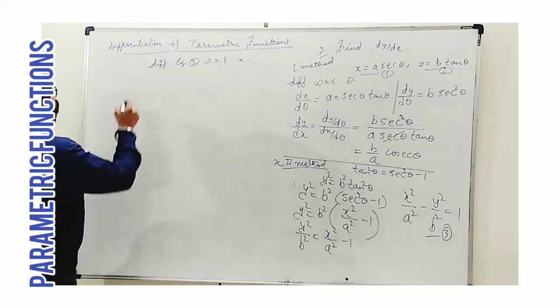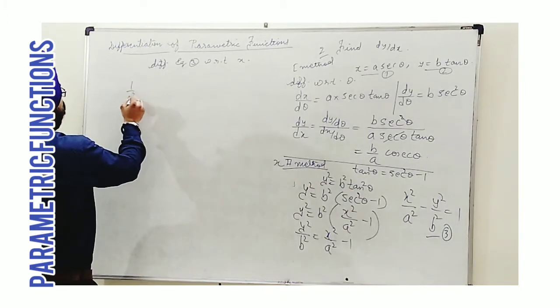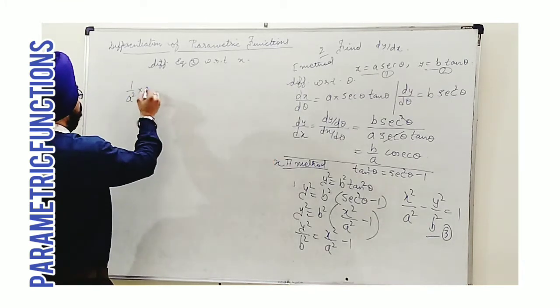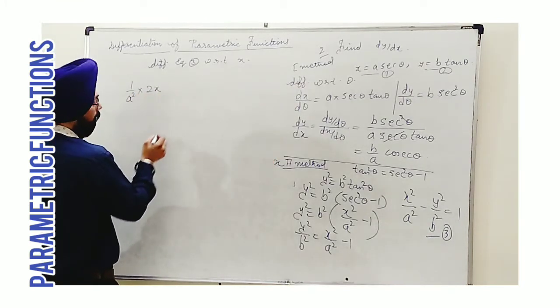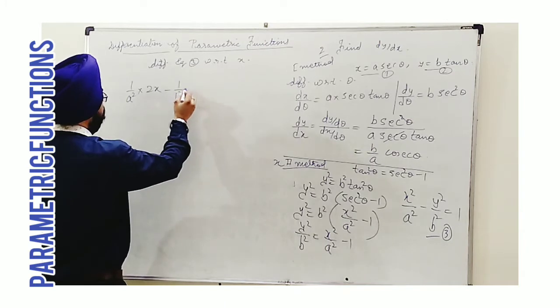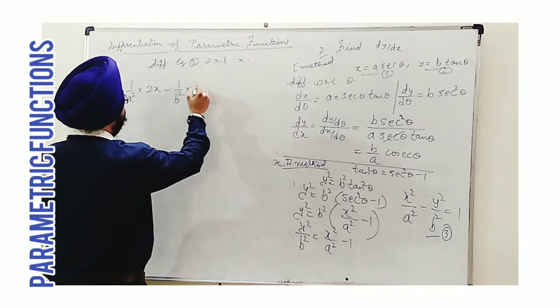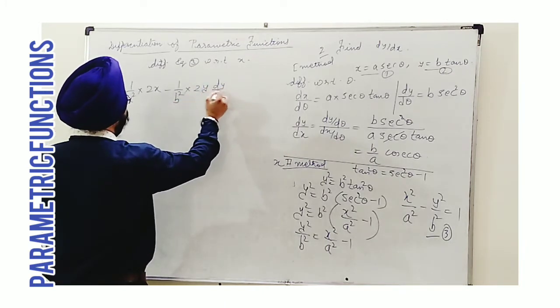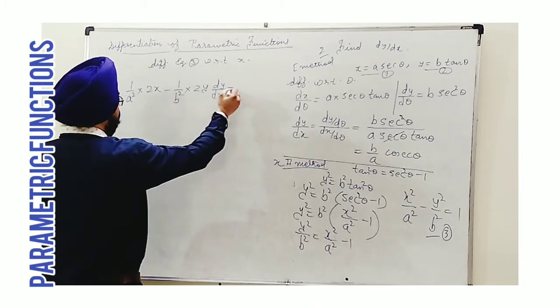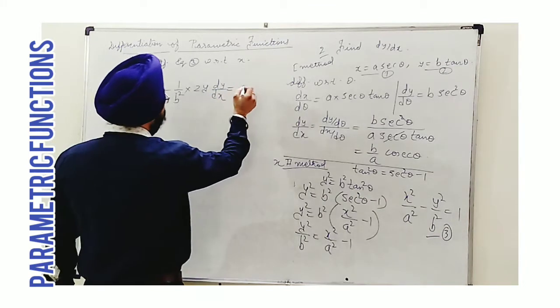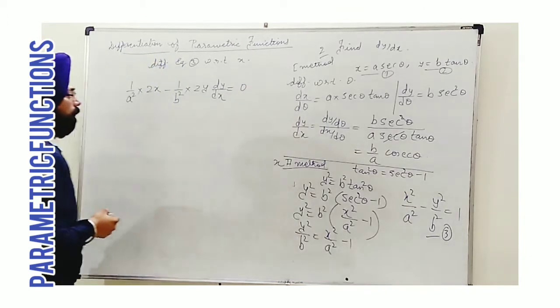So from the first term, we get 1 upon a square as it is, x square differentiated will be 2x, minus 1 upon b square as it is, y square differentiated is 2y dy by dx, and the right hand side 1 being a constant, its differentiation will become 0.